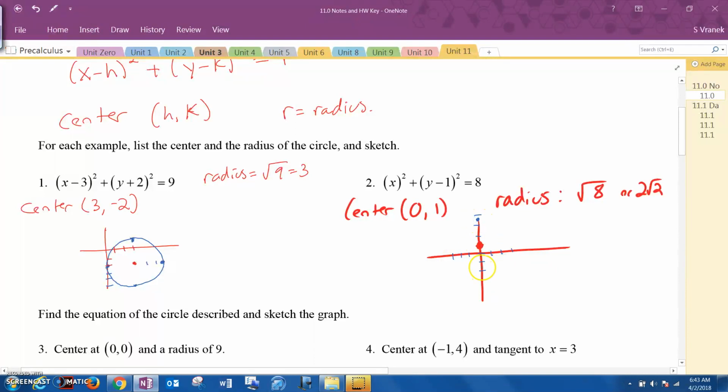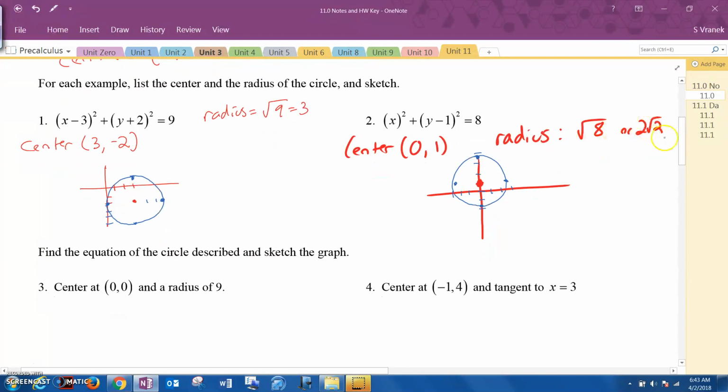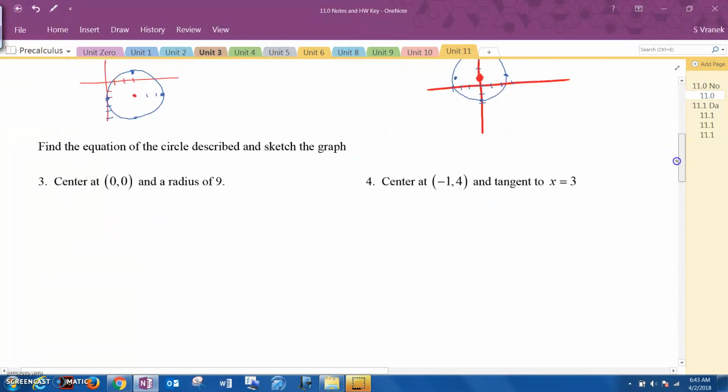So a little less than 3 in every direction from that center. So our circle should be about there. Okay, so that is how you graph one. You just grab the numbers from that form. Now sometimes it's not in that form, and we're going to talk about that later with completing the square, but otherwise that's all you've got to do.